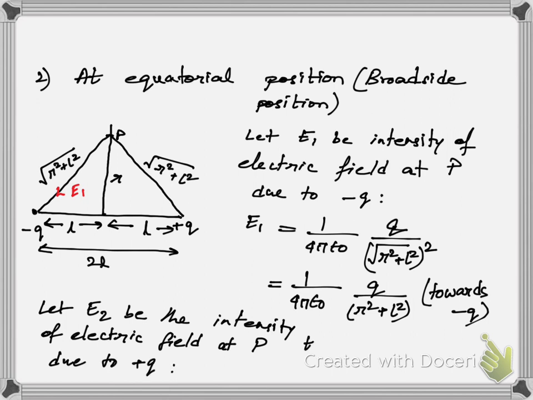So E2 will be given as 1 by 4 pi epsilon naught q by root under of r square plus L square whole square. This you can simplify as 1 by 4 pi epsilon naught q by r square plus L square, and the direction of E2 will be away from the positive charge.